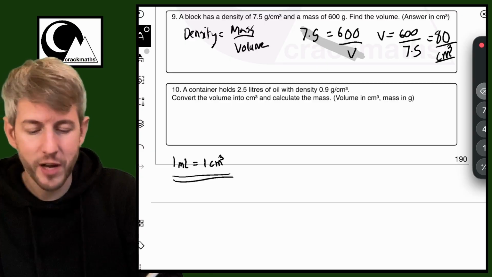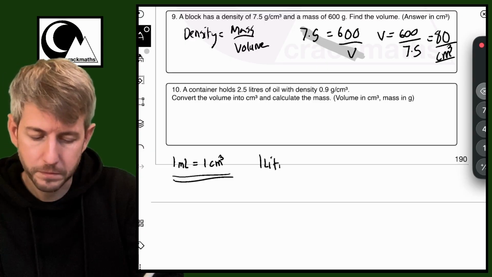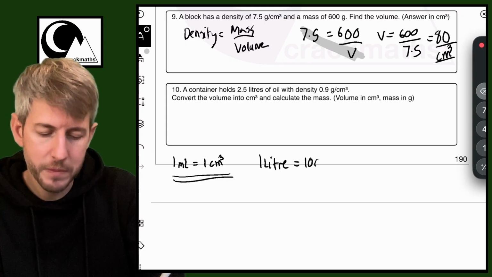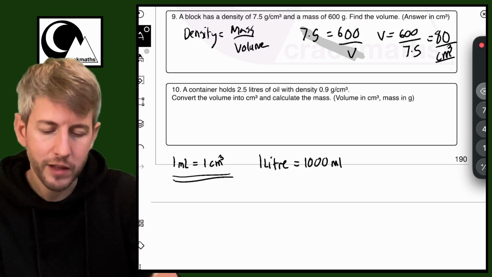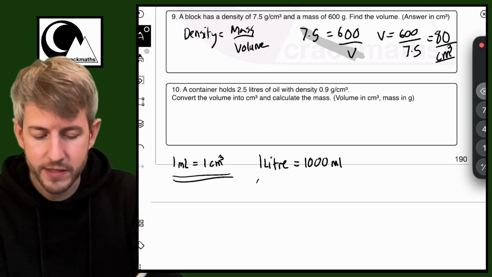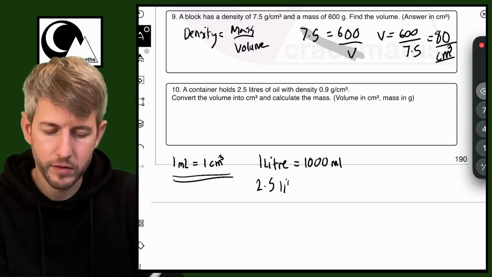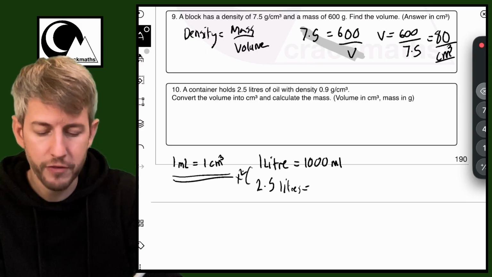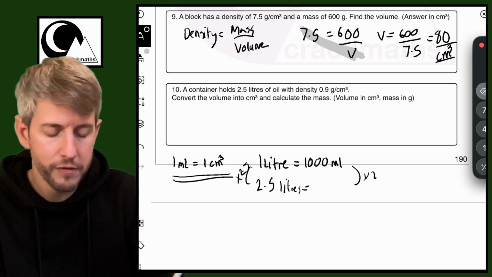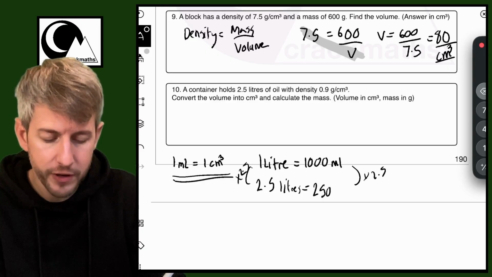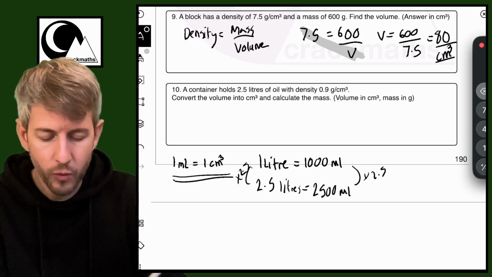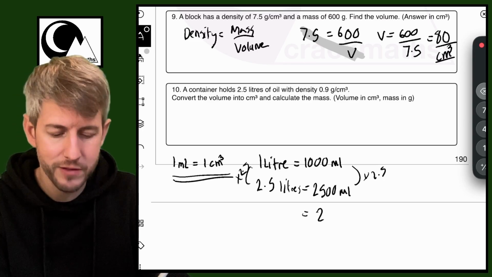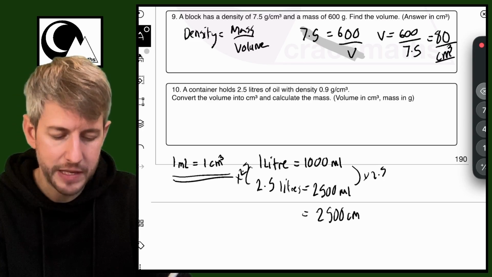And we also need to know that 1 litre equals 1,000 millilitres. Okay, so 2.5 litres equals this times 2.5, which is 2,500 millilitres, which is equal to 2,500 centimetres cubed.